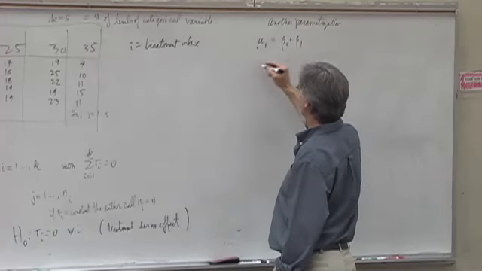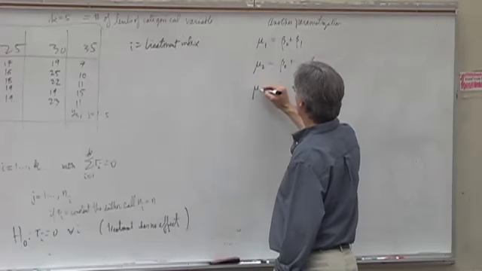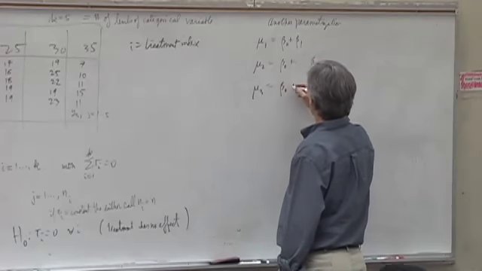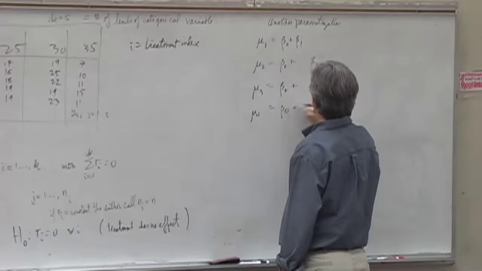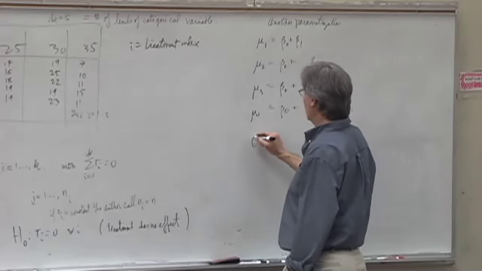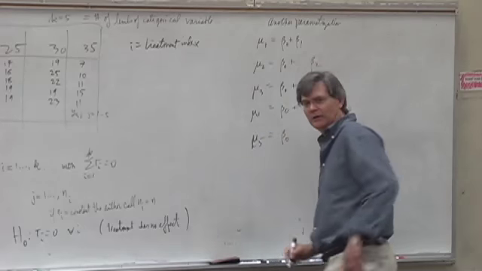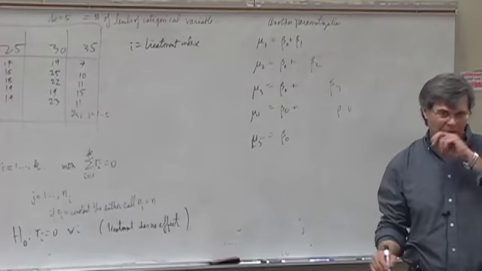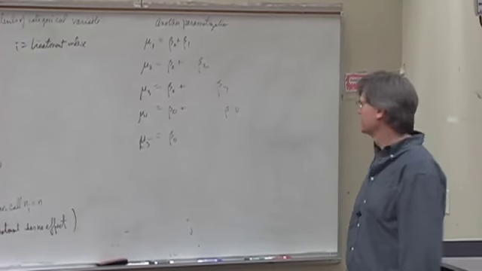An intercept plus a beta 1. Mu2 is beta 0 plus beta 2. Mu3 is beta 0 plus beta 3. Mu4 is beta 0 plus beta 4. And mu5 is beta 0. So I'm going to go beta 0 through beta 4. Have 1 intercept and 4 regressors.